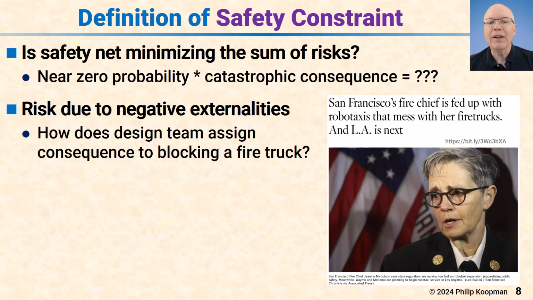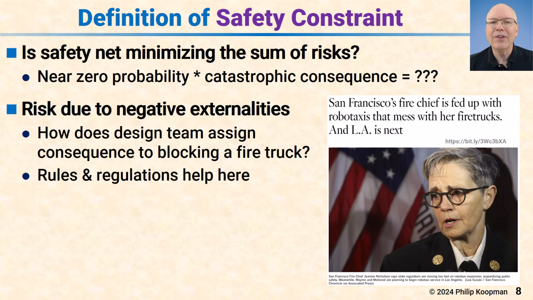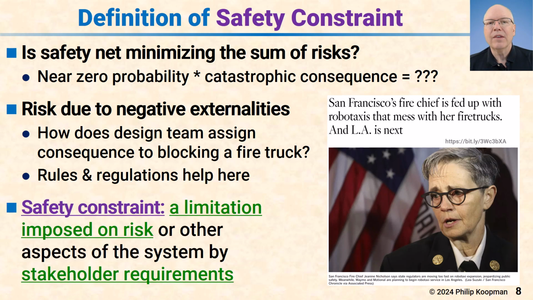So what do you do about this? Well, what we do about this for human drivers is we have rules and regulations. We say you as a human driver are not allowed to do things against the rules even if you think it's low risk to you because the risk to society is too high or the risk to other road users is too high. In our definitions, we'll account for this by defining a thing called a safety constraint.